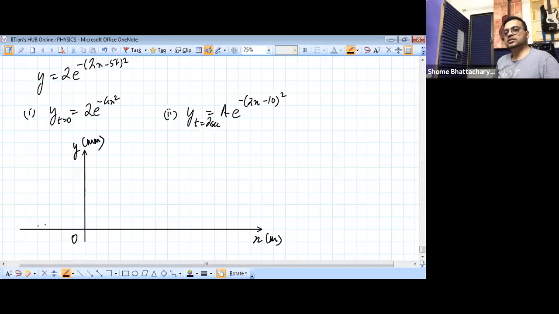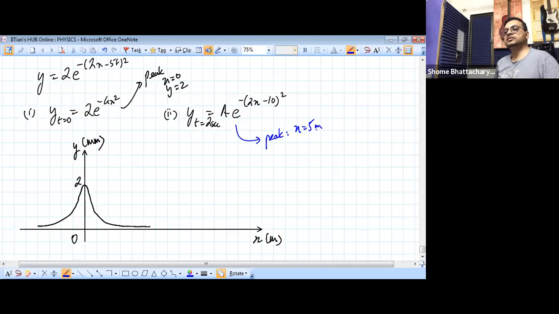So at t equal to 0, we can see that the pulse's peak is equal to 2. The peak is at x equal to 0, y equal to 2. But what happens at 2 seconds is that the peak shifts to where this becomes 0.